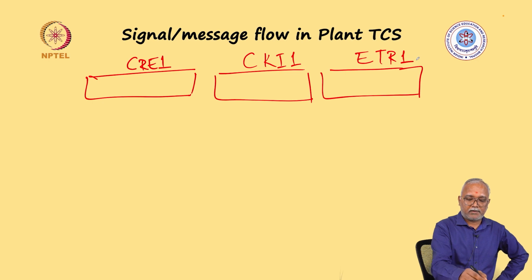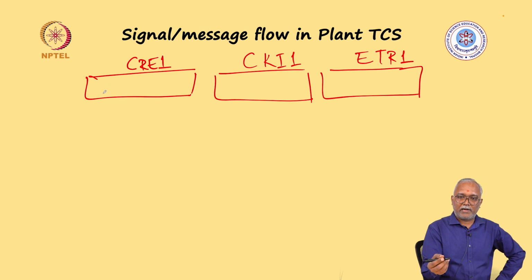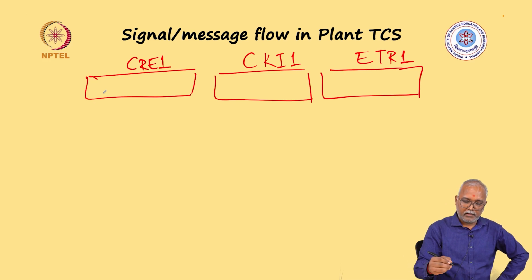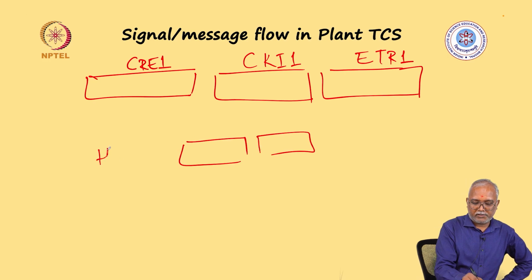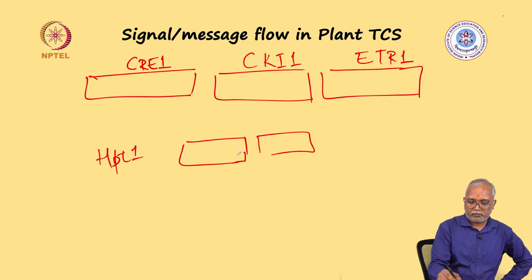I am not drawing subdomains because we have understood quite well now that minimum 3 domains we are looking at here: the extracellular signal receiving domain, the kinase domain, and then the receiver-like domain. Now if you think about the type of HPTs, histidine phosphotransferases, if you take example of 2 types which are there, they are called AHP1, AHP2.